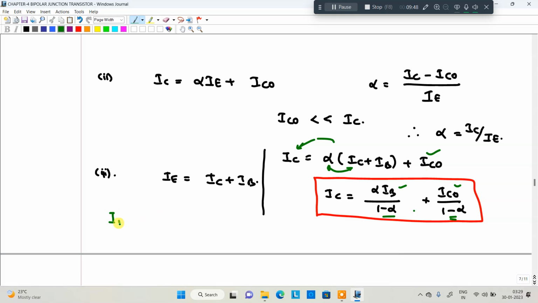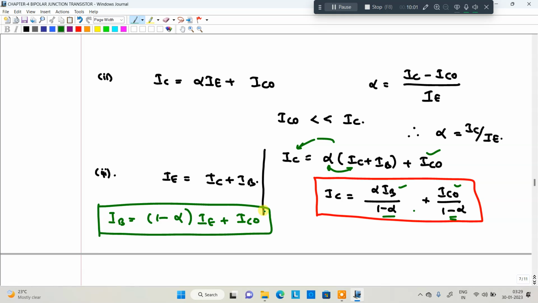Next, one more thing you need to remember: IB is equal to 1 minus alpha into IE plus ICO. This is the formula we have to remember. This formula comes from here: IC can also be written as IE minus IB, into alpha into IE plus ICO.